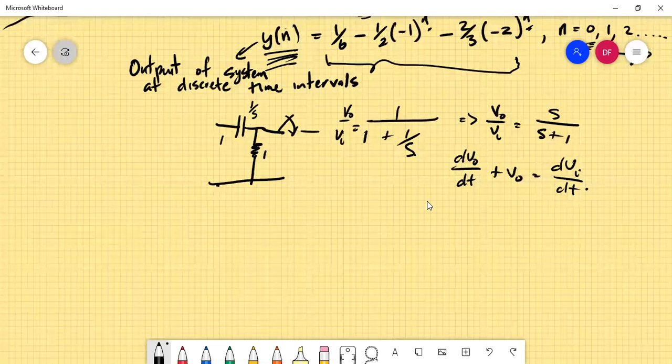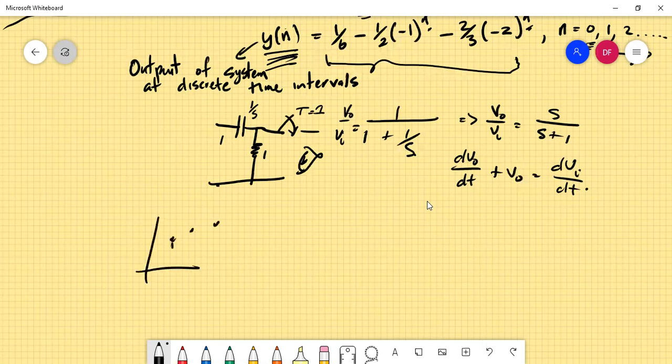Now, if we discretize a system, then let's say the time interval is t equal 1. Every second we are looking at the system. Then we're going to get values at t equal 1, t equal 2, t equal 3. So let's call that v1, v2, v3.